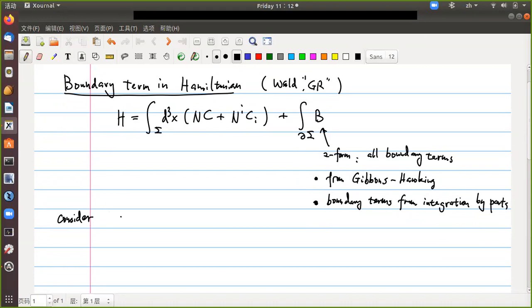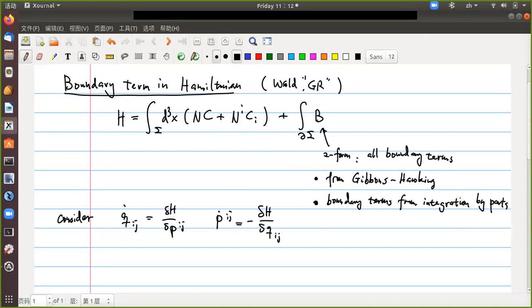Consider Hamilton's equation: the time derivative of q_ij equals delta H over delta p^ij. Consider this Hamilton's equation.